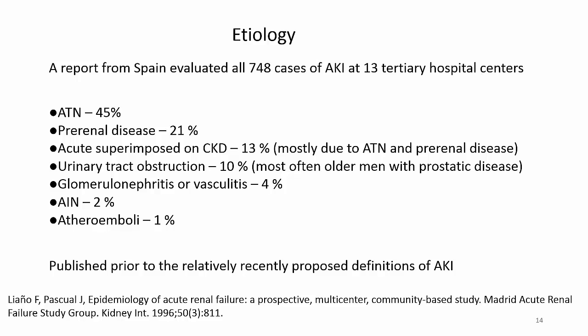And we're not just talking about patients who require dialysis, but anything that meets the definition for acute kidney injury, even if the creatinine just went from 0.5 to 0.8 for a couple of days and went back. Arterioembolic disease as well as glomerulonephritis or vasculitis constitute less than 5%, so you have to have a high level of suspicion to consider those.